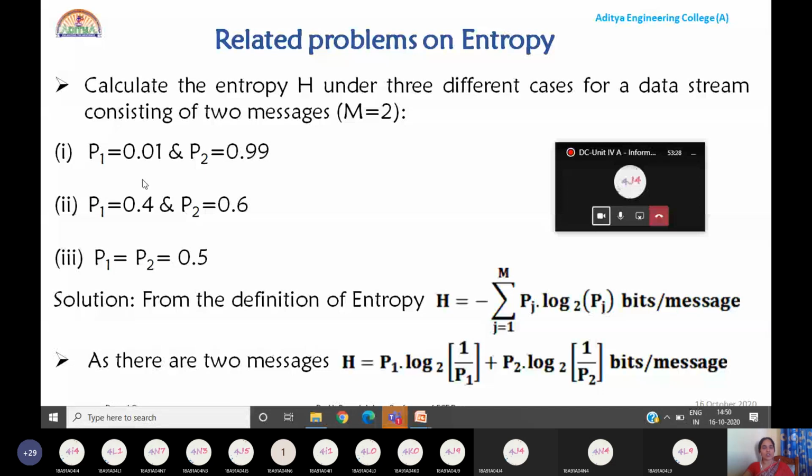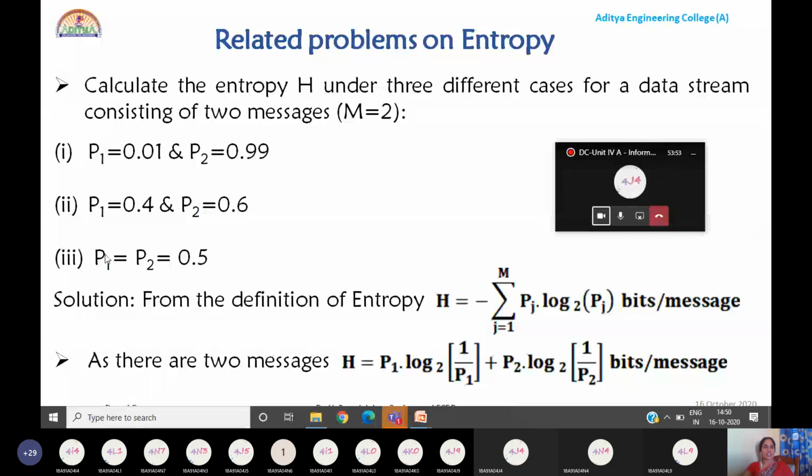The second case is almost nearer to equally likely, and in the third case the two probabilities are almost equal. So this is the equally likely condition, and that's why we can say that the maximum entropy will occur here.